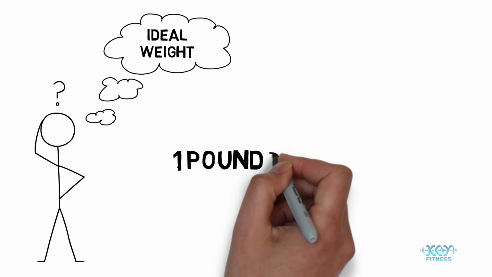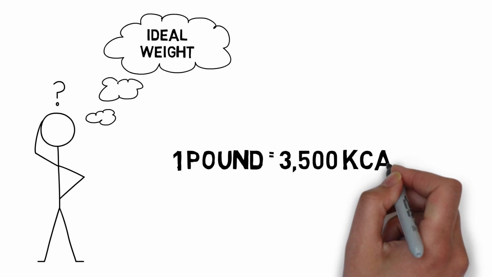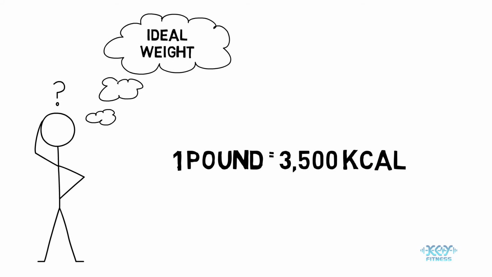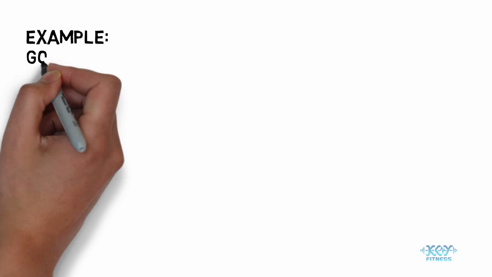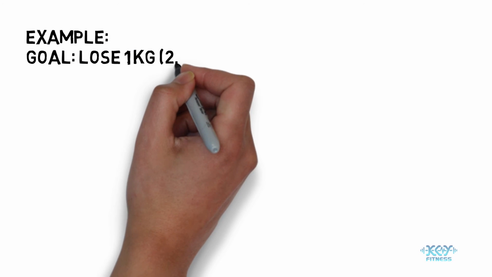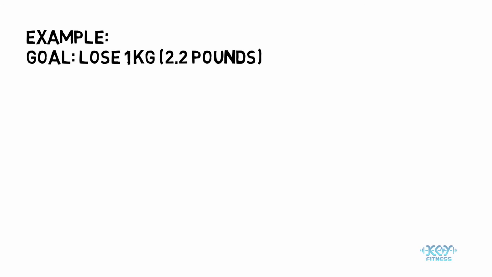To lose 1 pound of weight, one has to burn 3500 kilocalories. Based on your goal, you can calculate the number of calories that you need to burn or reduce. Assume that you want to cut down 1 kg, which is approximately 2.2 pounds.